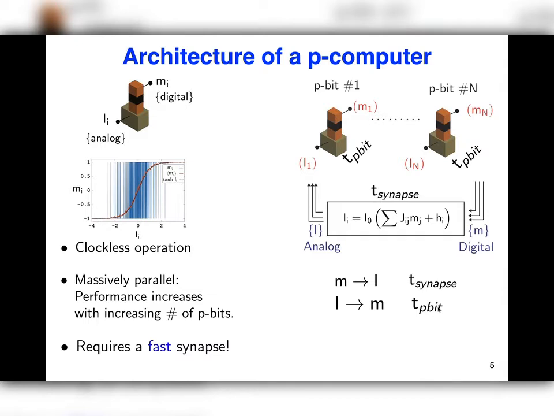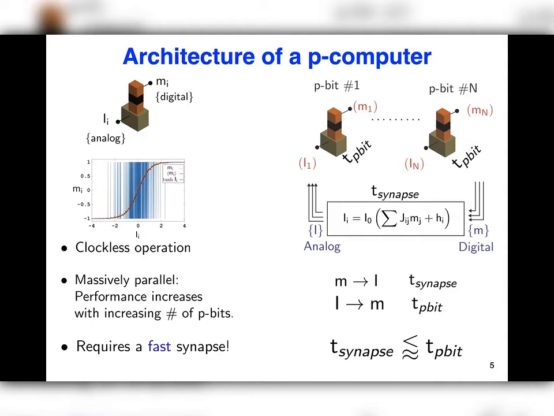Now, this communication needs to be fast or relatively close to your p-bit fluctuations, because you might imagine that if the p-bit is fluctuating, before it fluctuates again, you need to communicate that information to its neighbors. Otherwise, it becomes cacophonic, it doesn't work and it doesn't get to the right distributions.